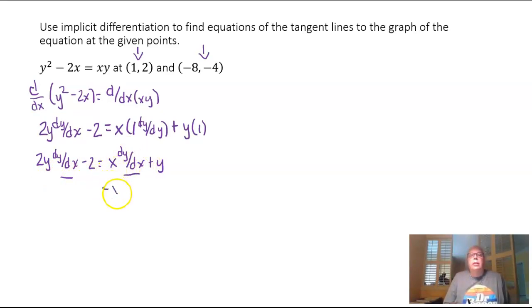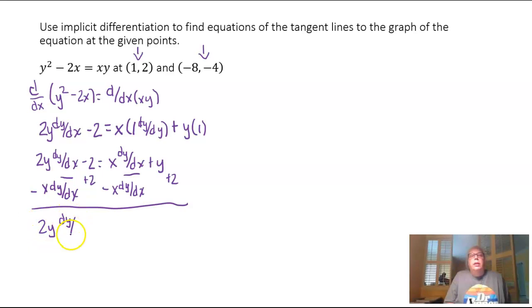I'm going to subtract this over here, and in the same step, I'm going to add that 2 because it has no dy/dx on it. That gives me 2y dy/dx minus x dy/dx, which is equal to y plus 2.